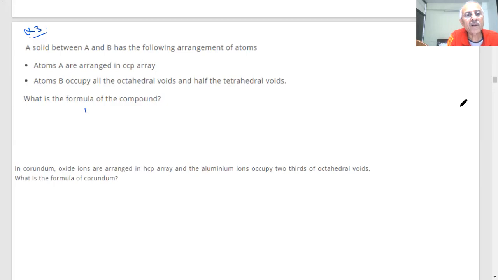A are in CCP, closed pack. This is larger in size, right? There are n atoms of A. How many tetrahedral voids and how many octahedral voids will be formed in the CCP?